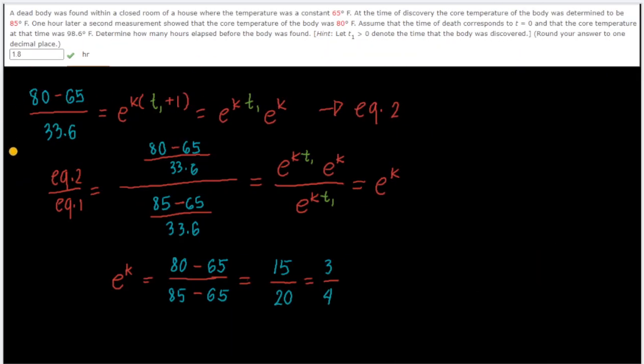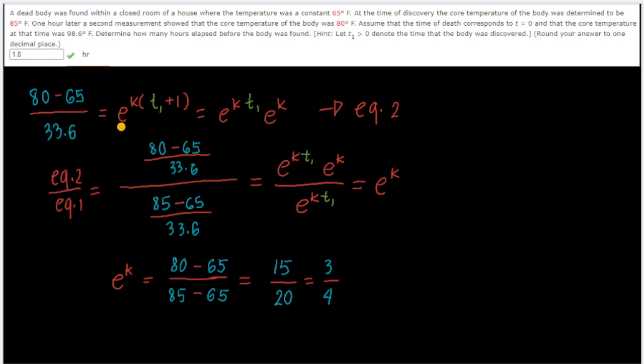We have 80 minus 65 all over 33.6 is equal to e to the k times t1 plus 1, which is equal to e to the k t1 times e to the k. This is just because of the laws of exponents. This is now our equation 2.